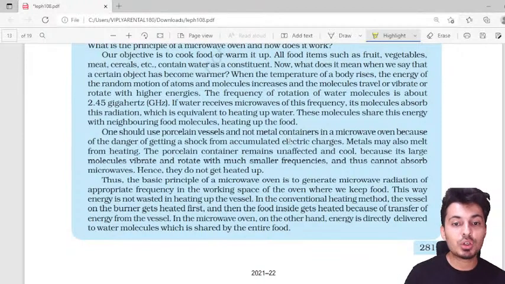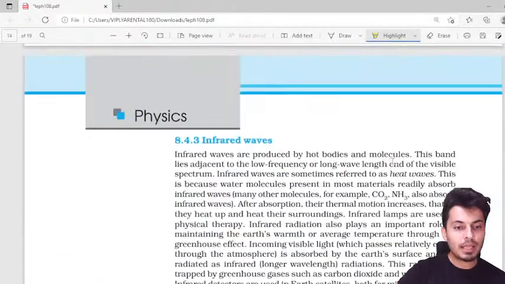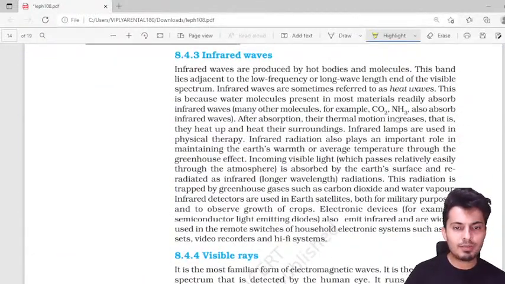So that's why you should not put a metallic container in the microwave. Very, very important. Now going ahead, infrared waves, you should just go through this passage as well.